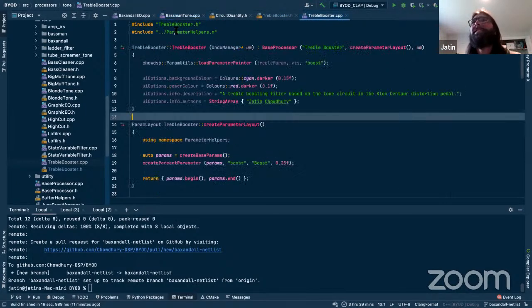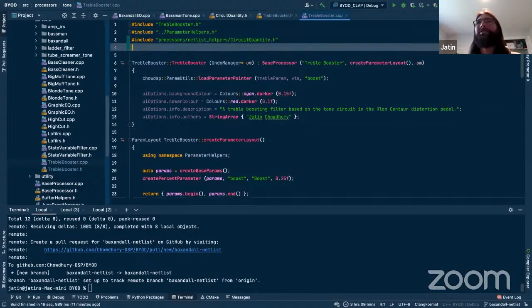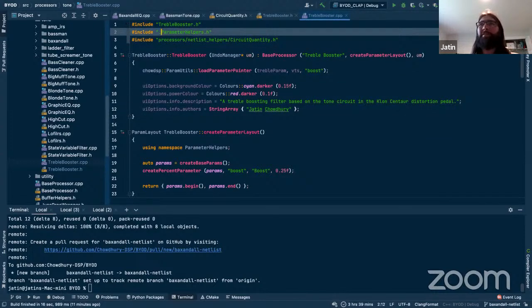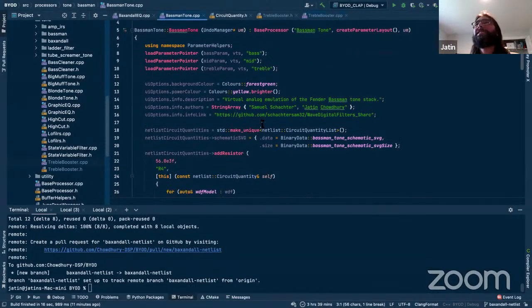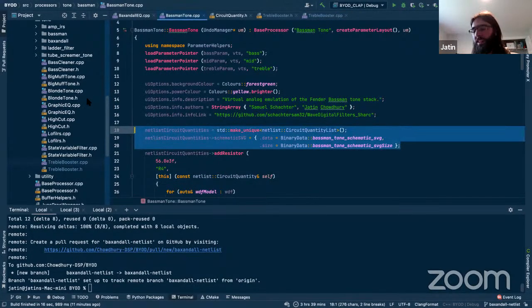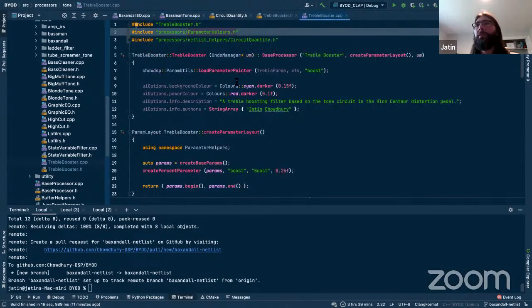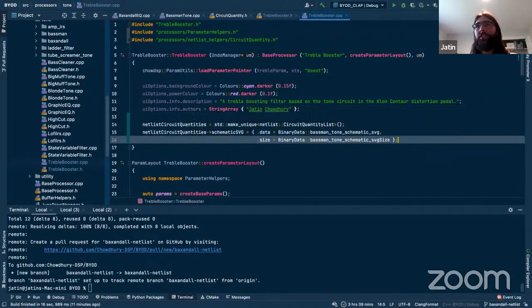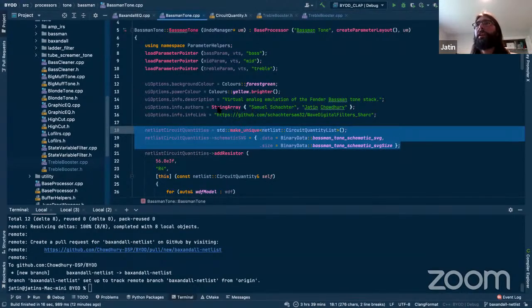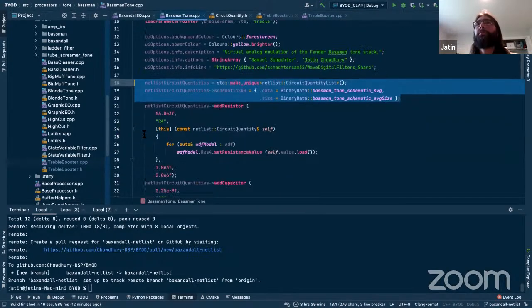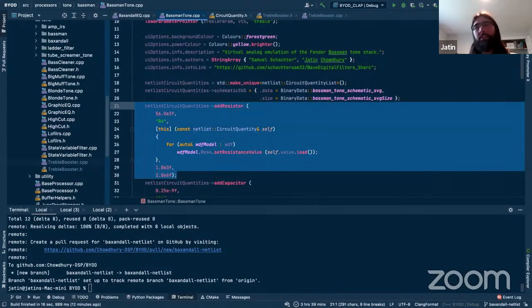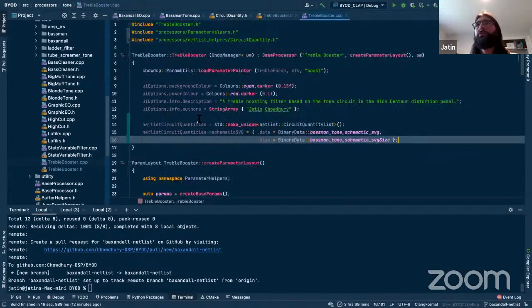I mean, it's not fine, but I've got my track muted, so we'll blow up our speakers, and then we can fix it. For now, I'll just use the schematic from the basement tone, because I don't feel like implementing the treble booster schematic right now.